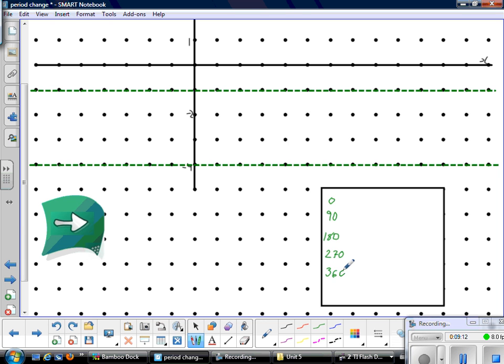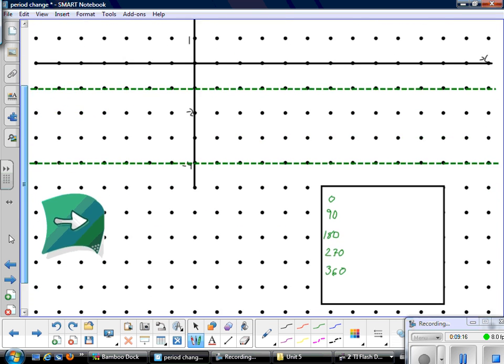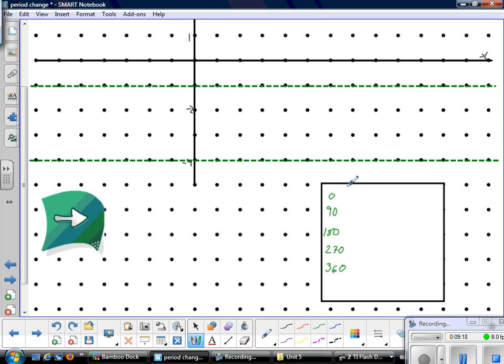We need to multiply them by the reciprocal of 1/2, which is 2. So we're going to multiply everything by 2. So when we do that, we end up with 0, 180, 360, 540, and then 720. Okay, so no problem there.